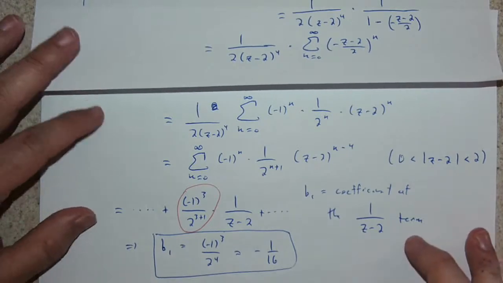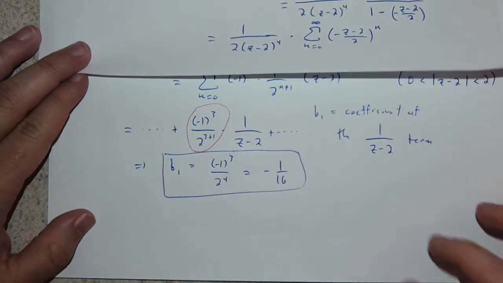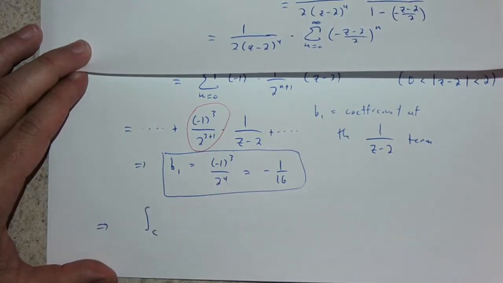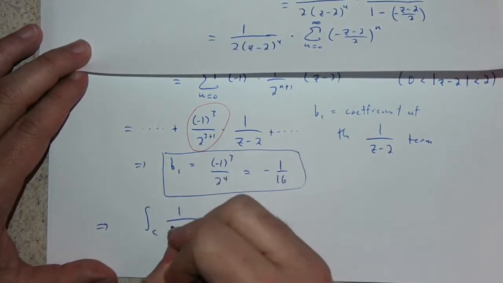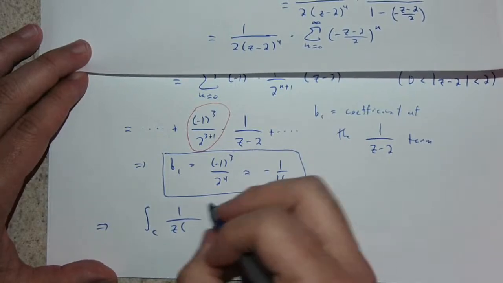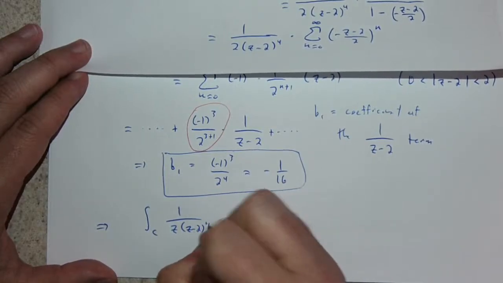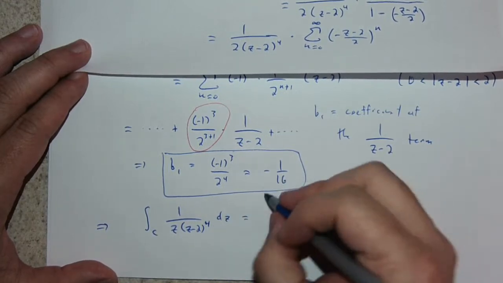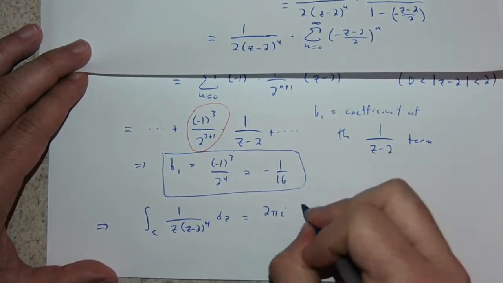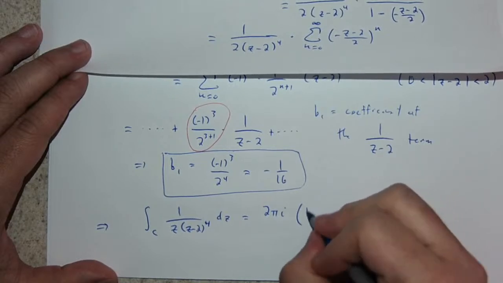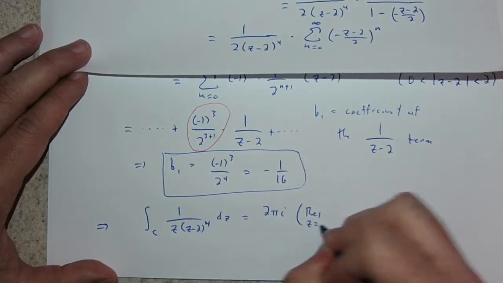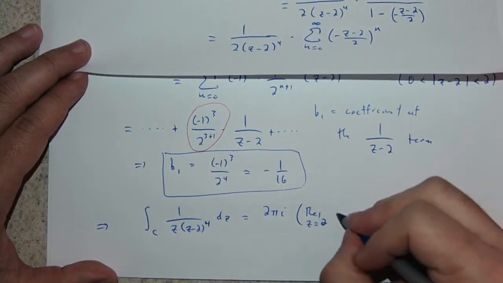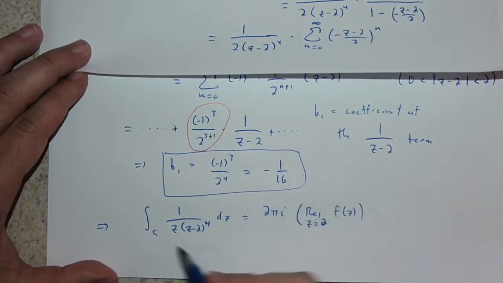And so, using this fact here, our contour integral of 1 over z times z minus 2 to the fourth, dz, is equal to 2 pi i times the residue at z equals 2 of f of z, which is the integrand.